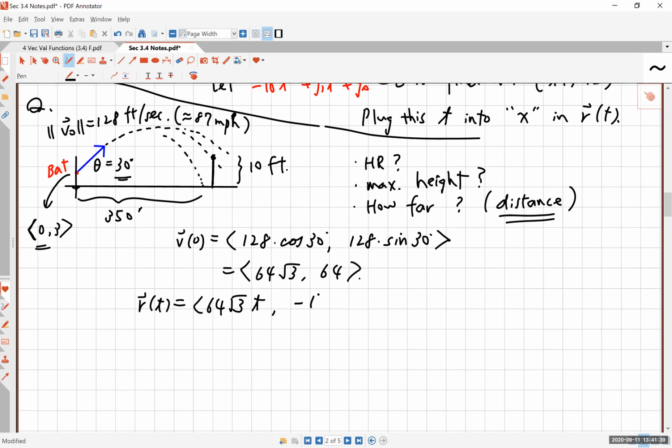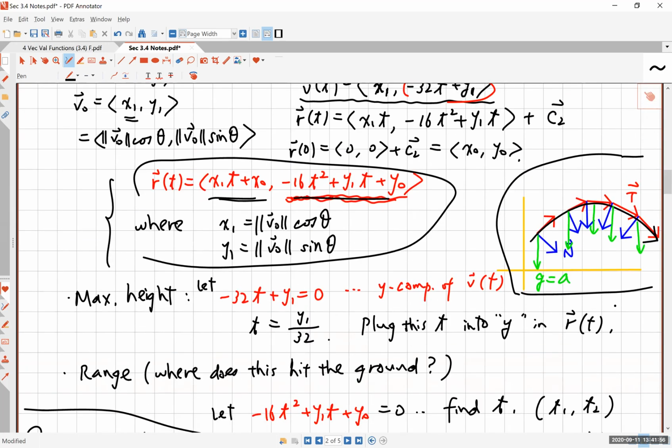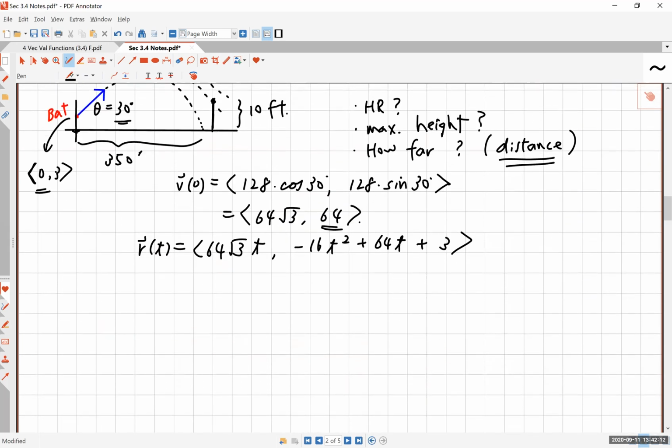Second one, this is negative 16 t squared plus this number, 64t, and then plus the y coordinate of the initial position, which is 3. Right? So this is just using what we worked hard to get, which is our general formula for the position function when an object is hit or thrown or launched up in the air.